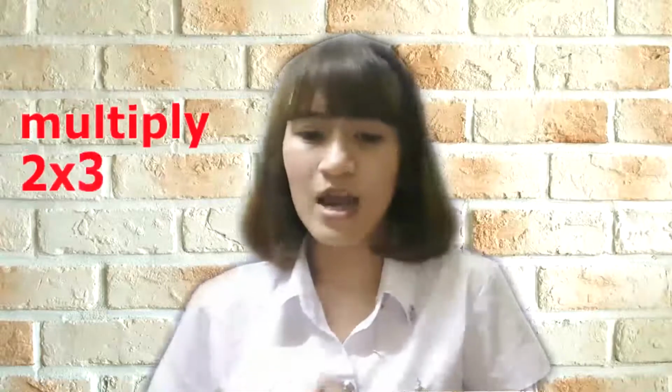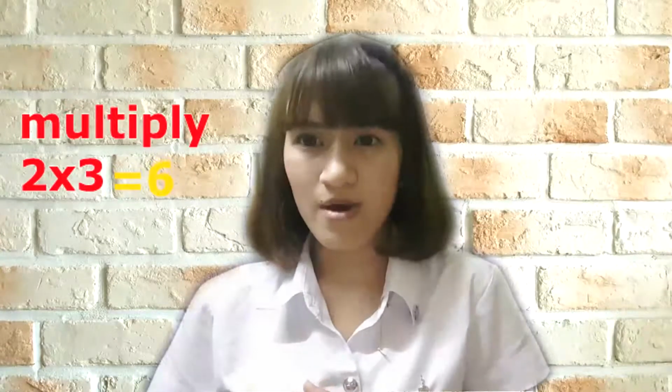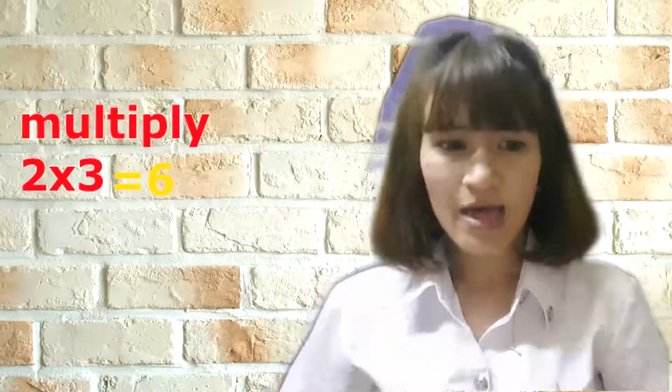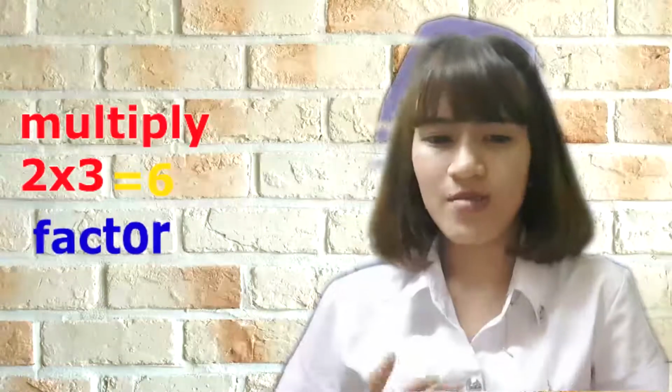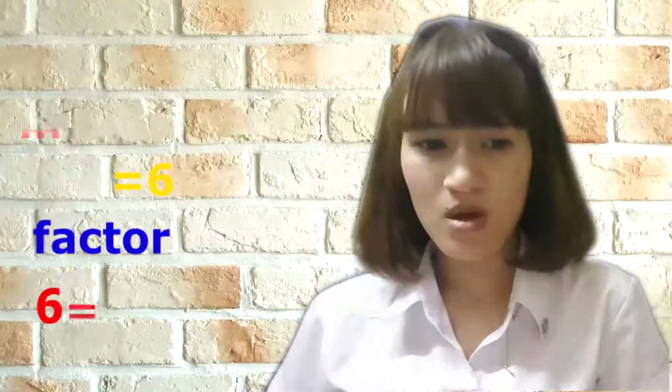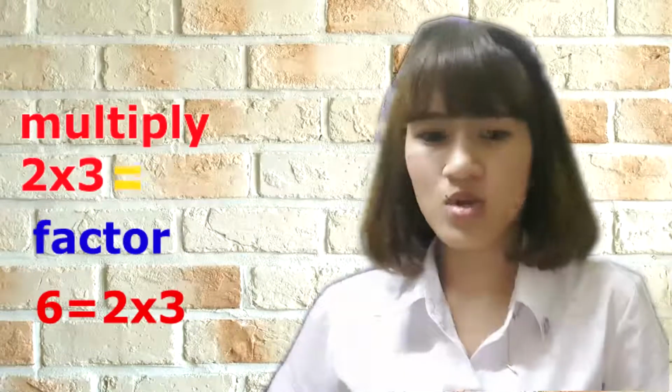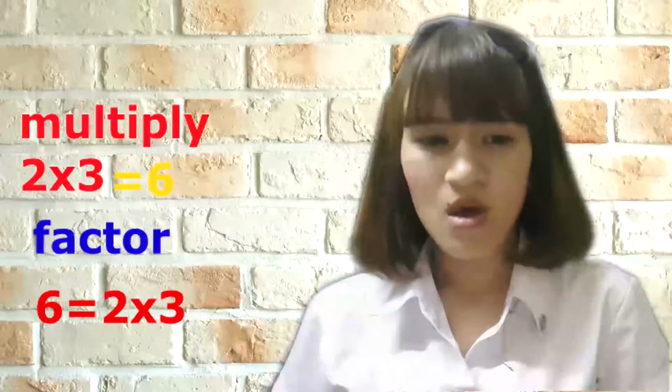When you multiply, you take two numbers and multiply them together to get one number. And when you factor, you take one number and figure out what two numbers you could multiply together to get that number. For example, let's say you're asked to factor the number 10.